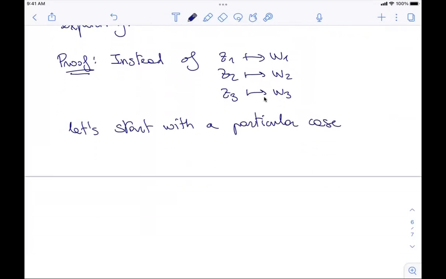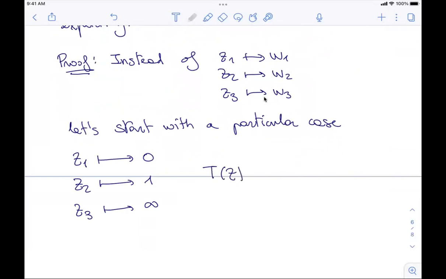And the particular case we want to know is when we map Z1 to 0, Z2 to 1, and Z3 to infinity. Okay, these 3 points are very important. They are very important because they behave in a very special way. And for these 3, we can guess what the transformation is.